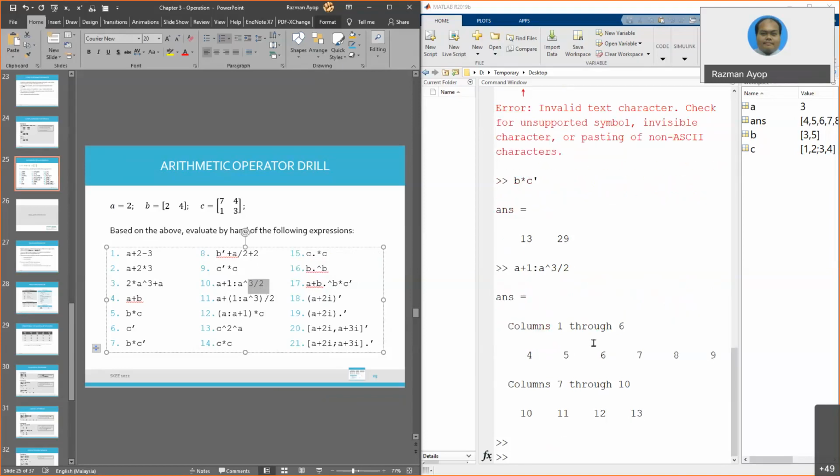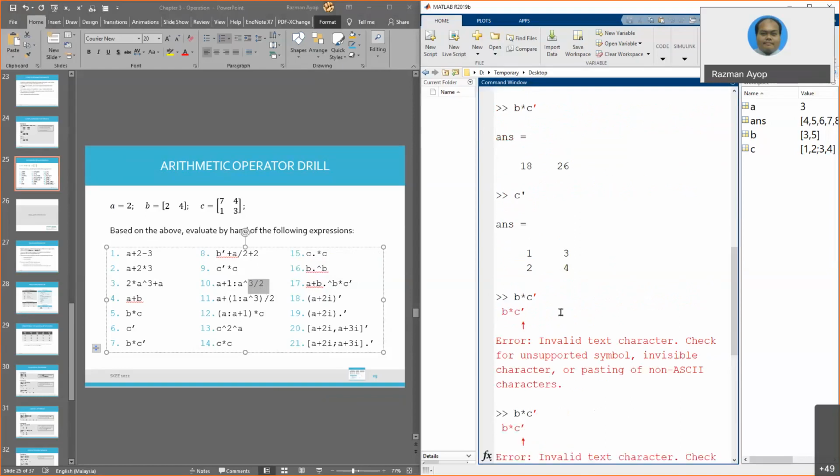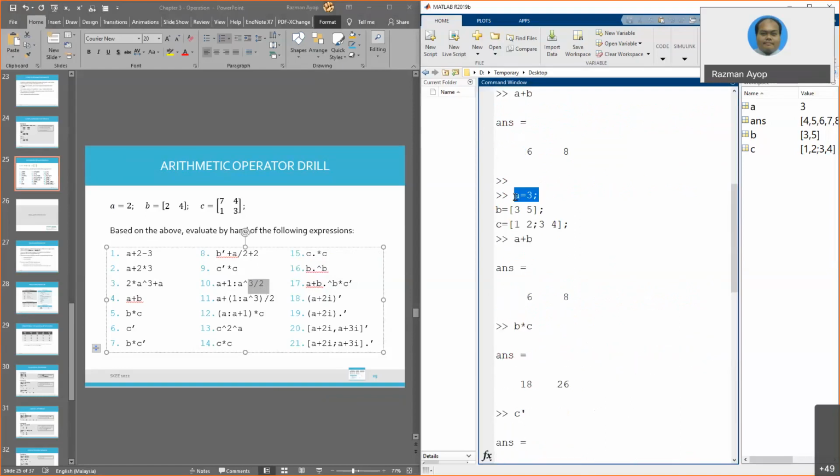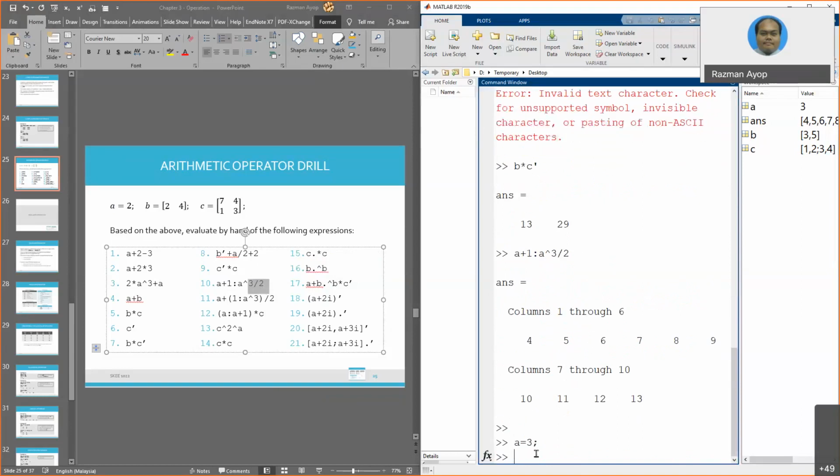So let me check first. Something wrong with my PC. Okay, I take this value first. So A equals to 3. So A plus this one is 4.